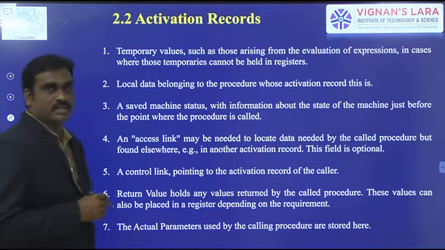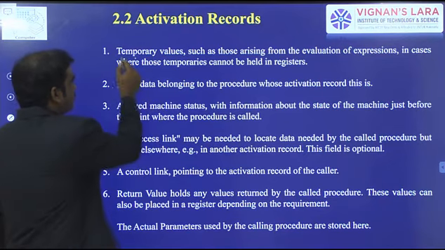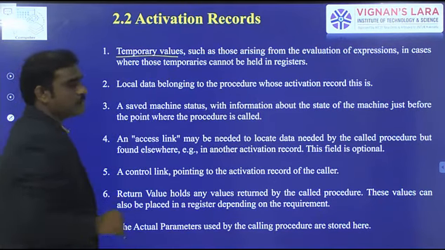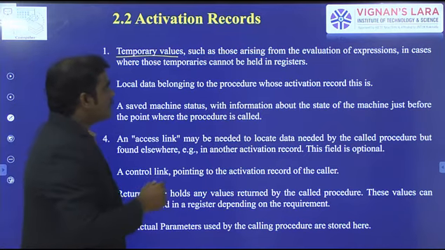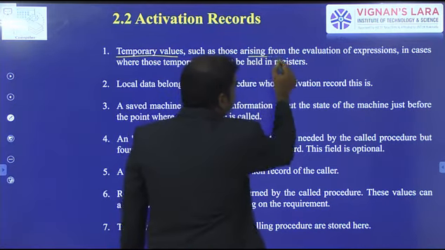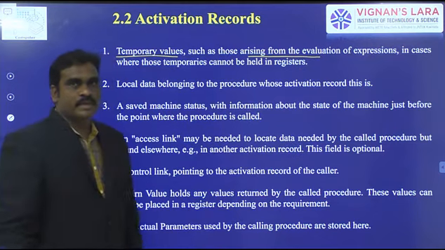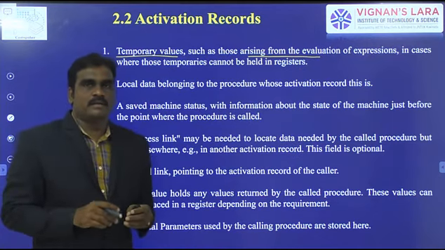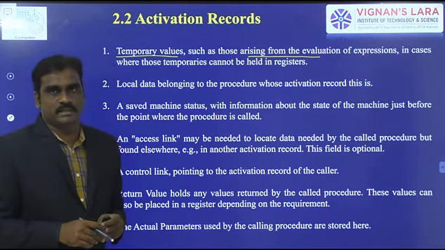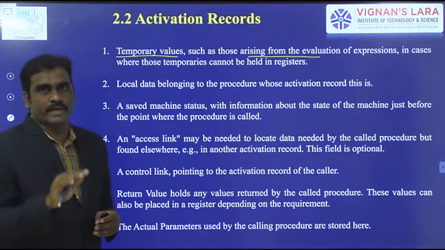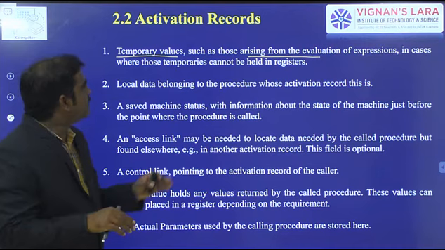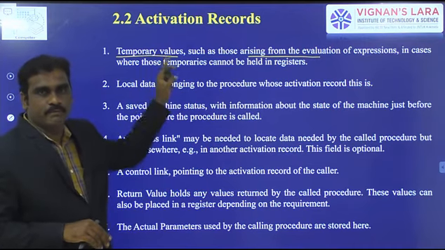Now the first one is the temporary values. The name itself says it is a temporary value. Suppose we take one block. In that block some mathematical expressions are there. Those expression values are stored in a particular variable, which we can call a temporary variable.